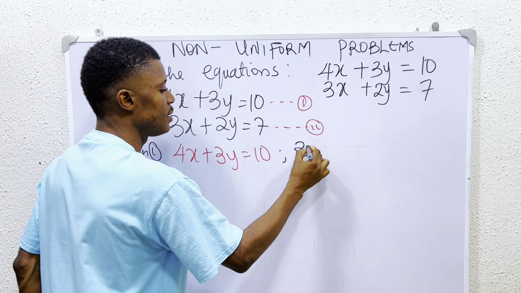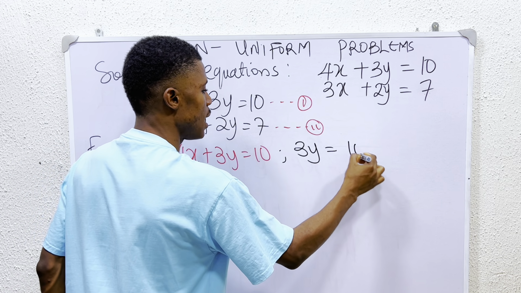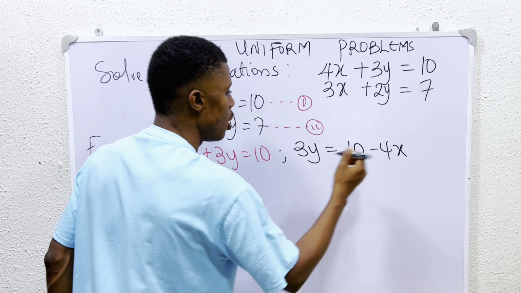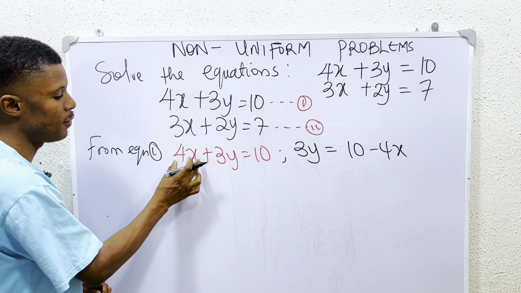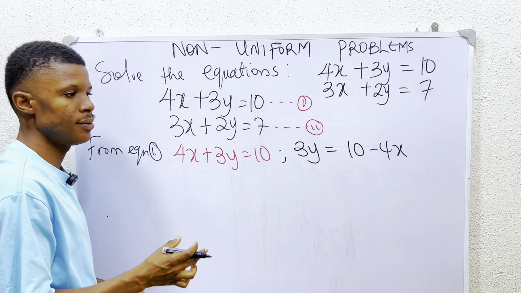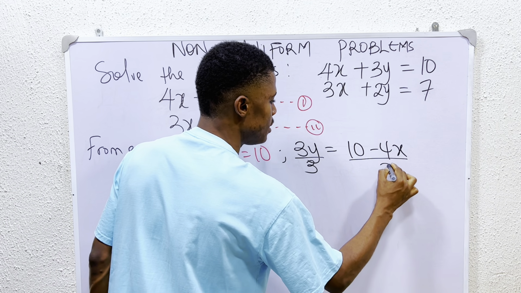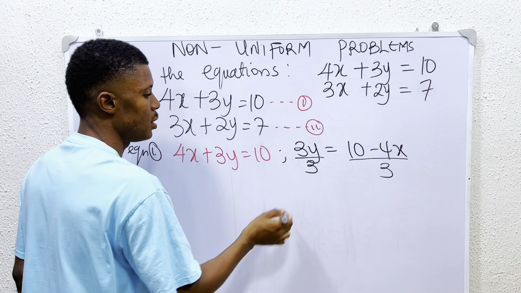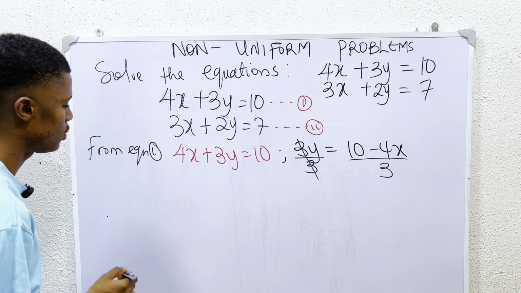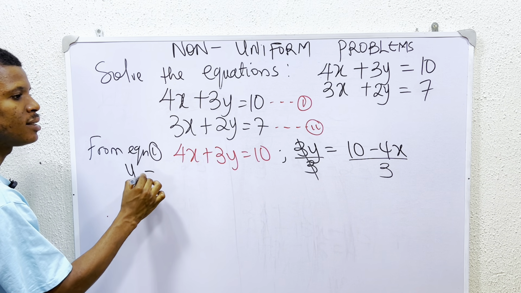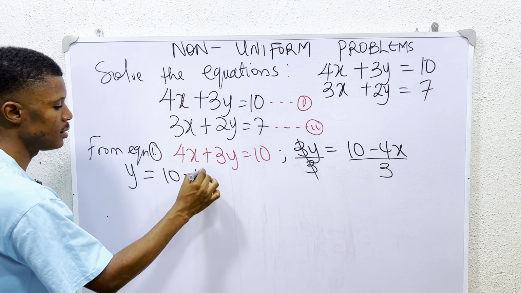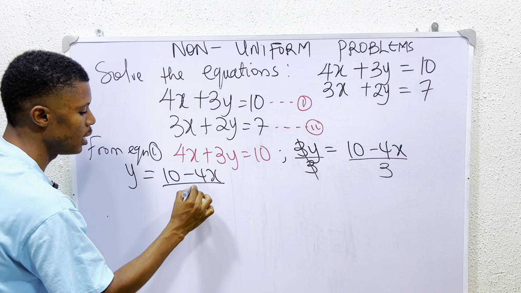So I have it that 3y is equal to 10 minus 4x. Or basically, we'll say that 4x crosses the equality sign. Then we divide each side by 3. So 3 and 3 cancel out. We have it that y is equal to (10 minus 4x) over 3.